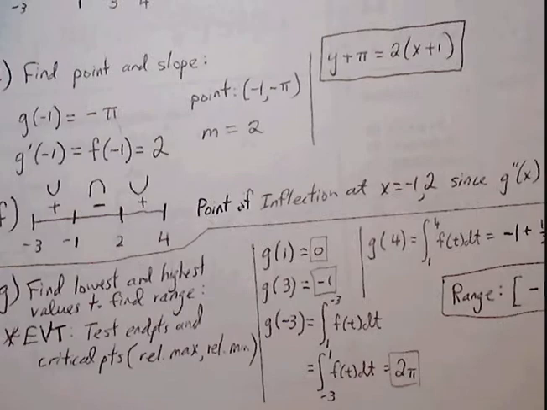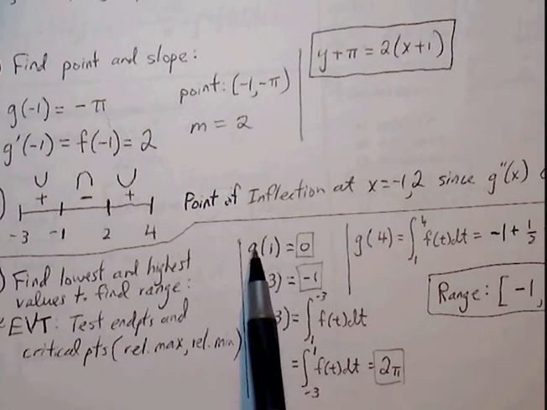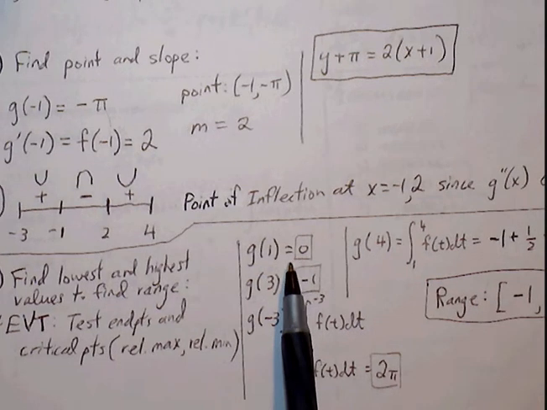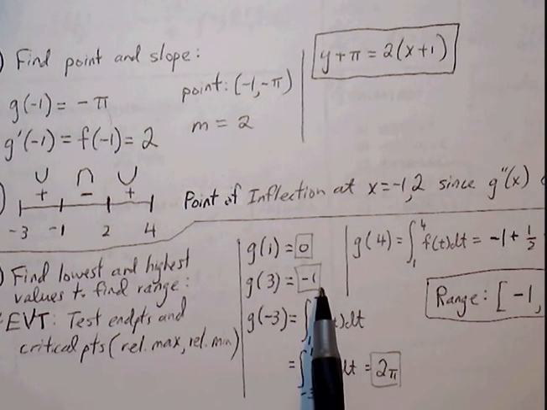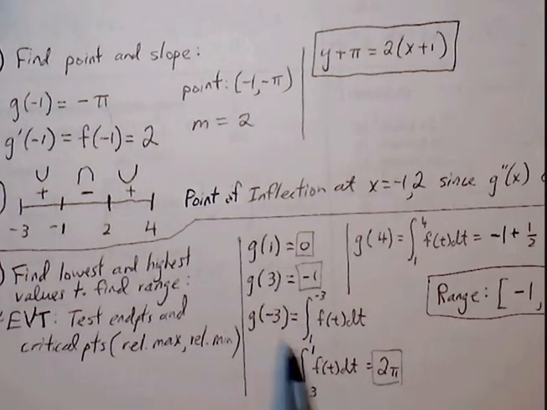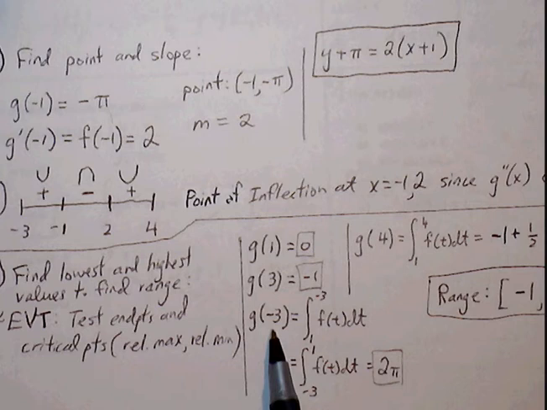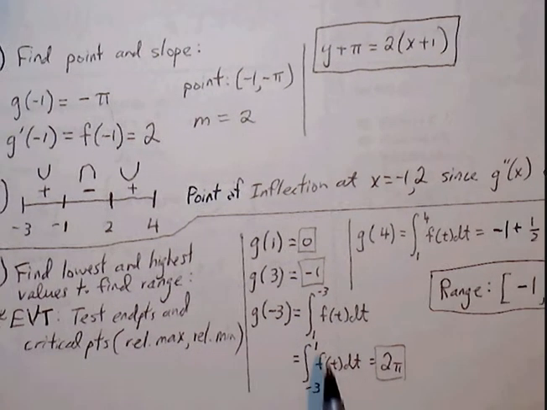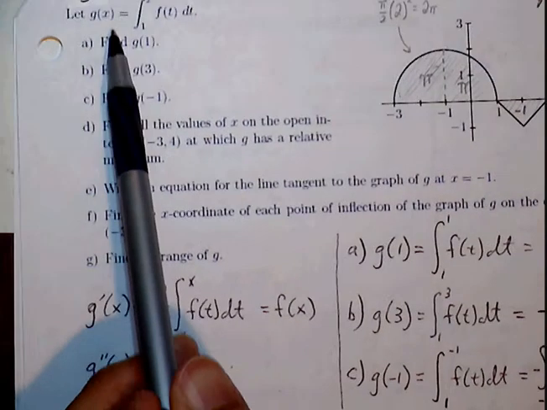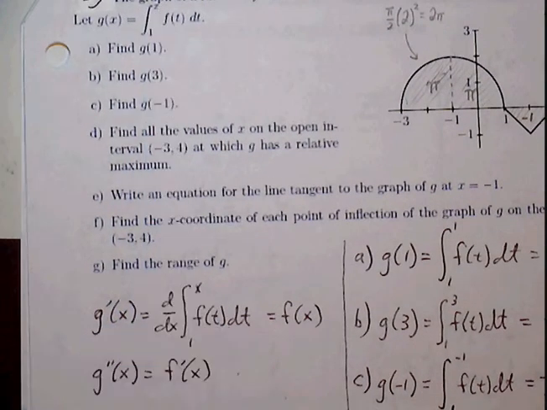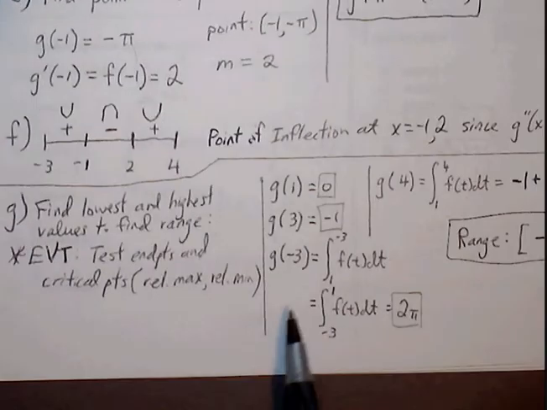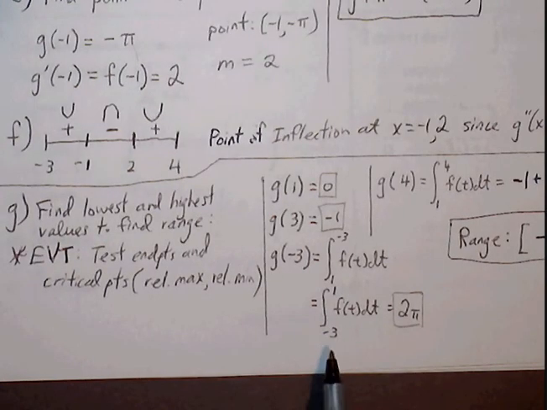Okay, so for part G, we're going to find g of 1. G of 1 is 0. That's given from part A. G of 3 is equal to -1. We found that from part B. And then g of -3, that's our endpoint. So for g of -3, we simply plug into the formula given to us. From 1 to -3 means that we're going to have to switch things around.